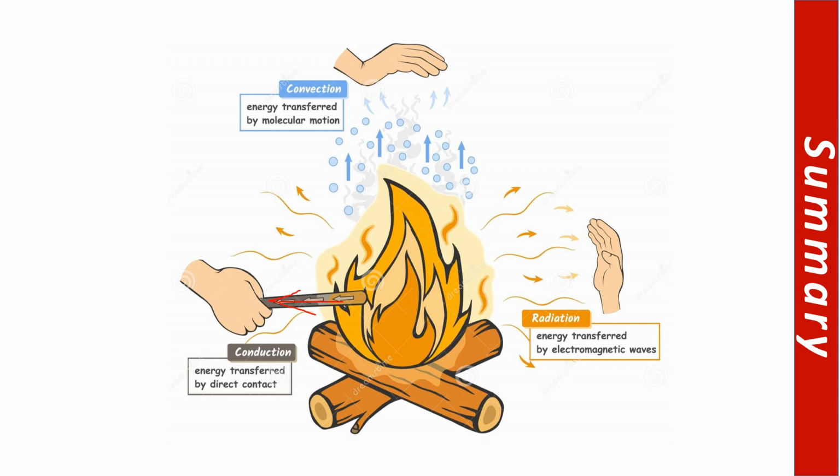There is no actual movement of the particles in conduction. In convection, the air particles here become hotter and they move upward due to the density difference, and the molecules move away and take the heat away. So in this type, the heat transfer takes place due to molecular motion, which we call convection, right?